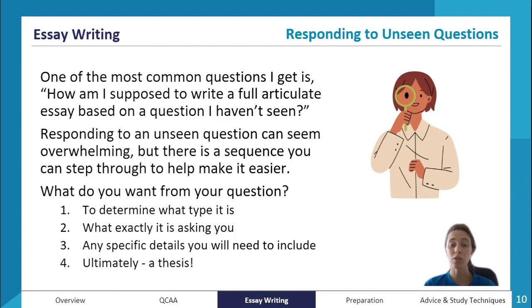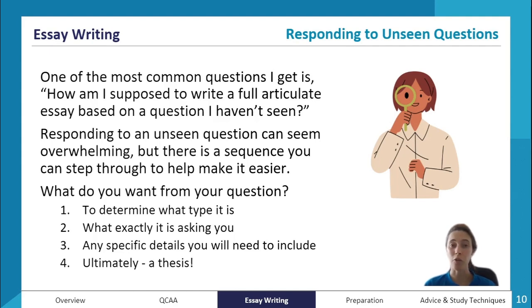So what do you want from your question? You want to determine what type of question it is, and we'll go through those different essay question types. Then what exactly it's asking you, so really checking to make sure you're understanding the full meaning of the prompt so you can then respond directly to it.